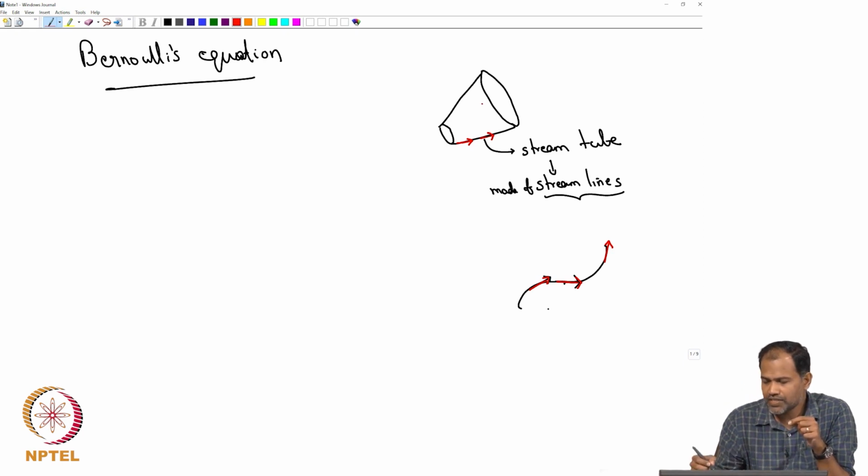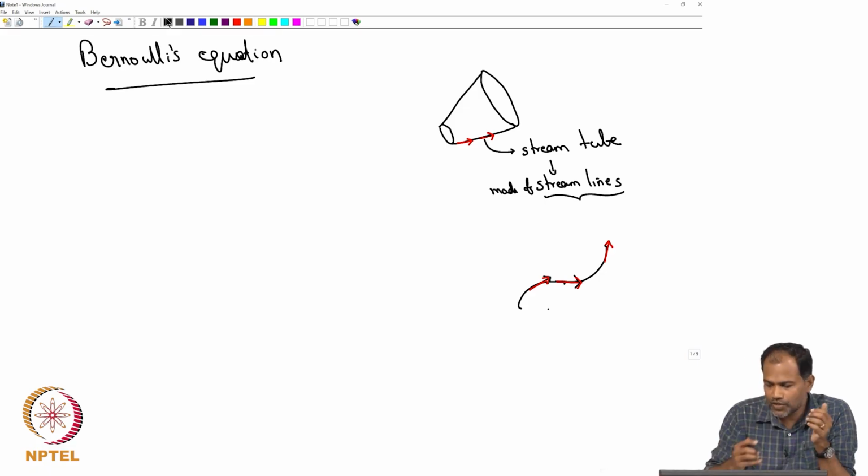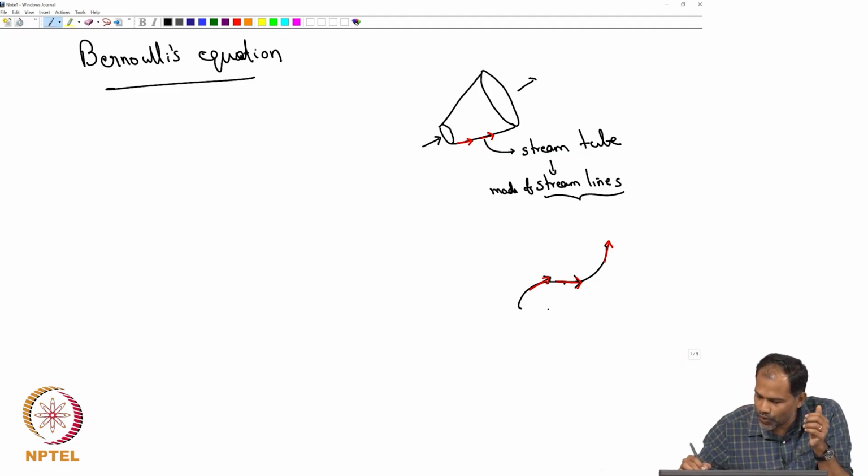Okay. In other words, if you consider a stream tube, because that is made up of streamlines, there cannot be a flow in or out. So, there is a flow that is going to go in, okay, and there is a flow that is out. So, this is in, that is out.